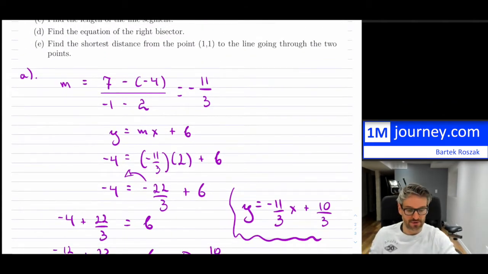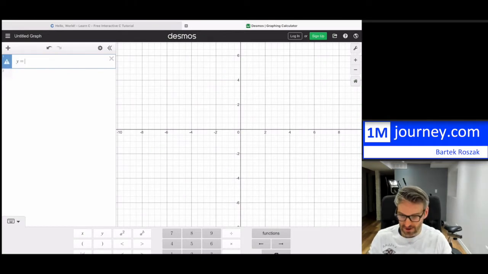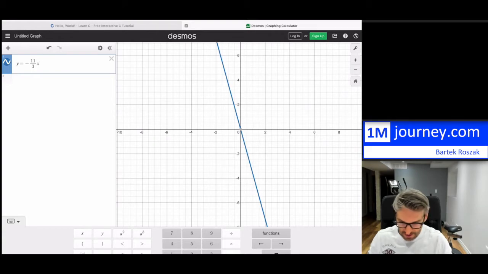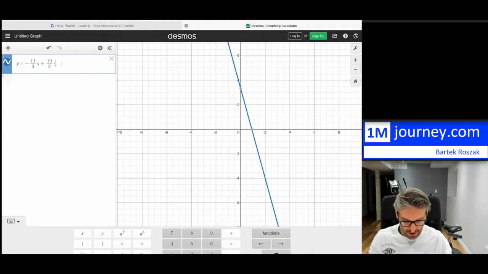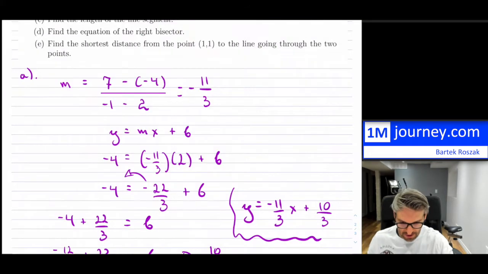Now I'm also going to start graphing these things so that you can see it. I'm going to use Desmos, as I normally try to do. I encourage you to go on desmos.com. So this is y equals -11 over 3 x plus 10 over 3. Now I will put restrictions on the x because it's only going to be between the 2 points.